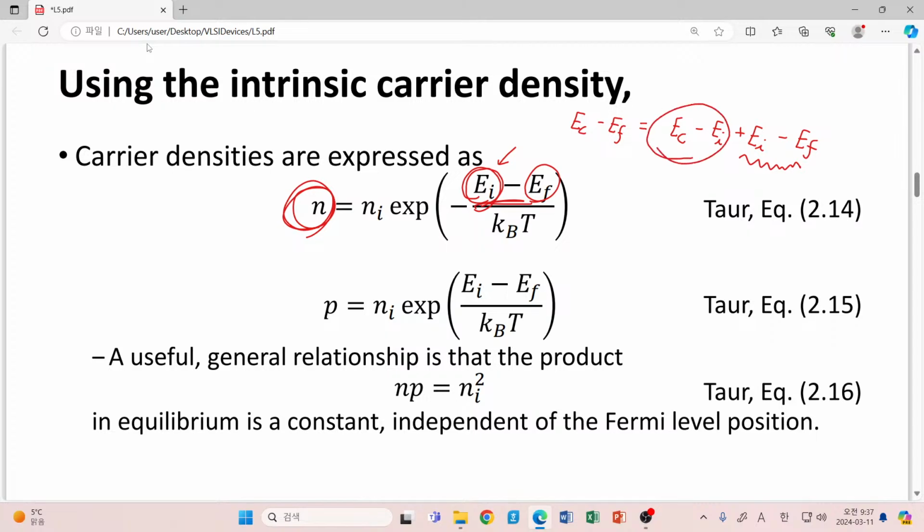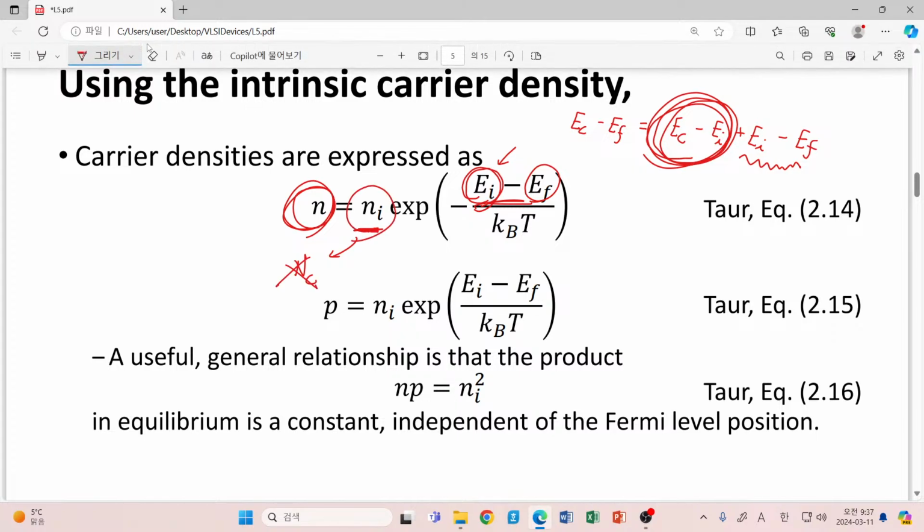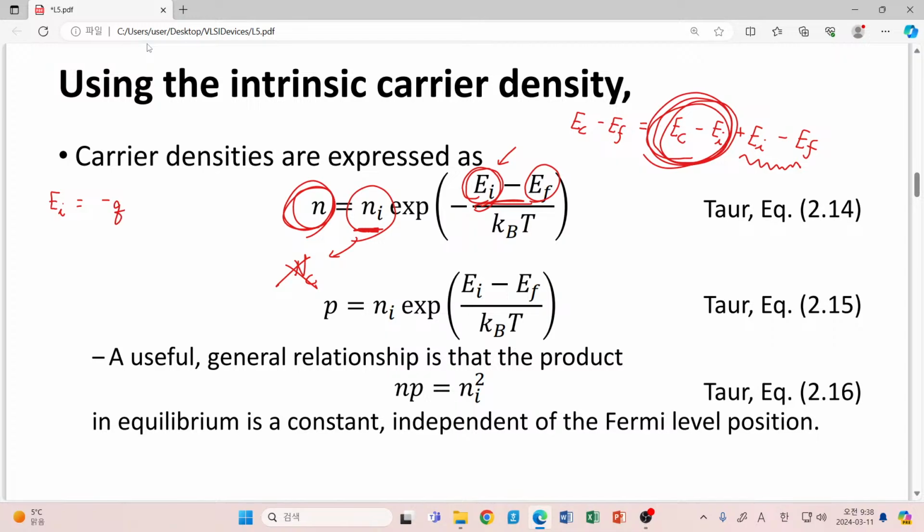This quantity will be used to correct the previous expression, and that's the reason why previously we had NC, but now we have Ni, the intrinsic carrier density. Note that even when we adopt this kind of expression, EI can be expressed as just minus q times phi, the electrostatic potential.